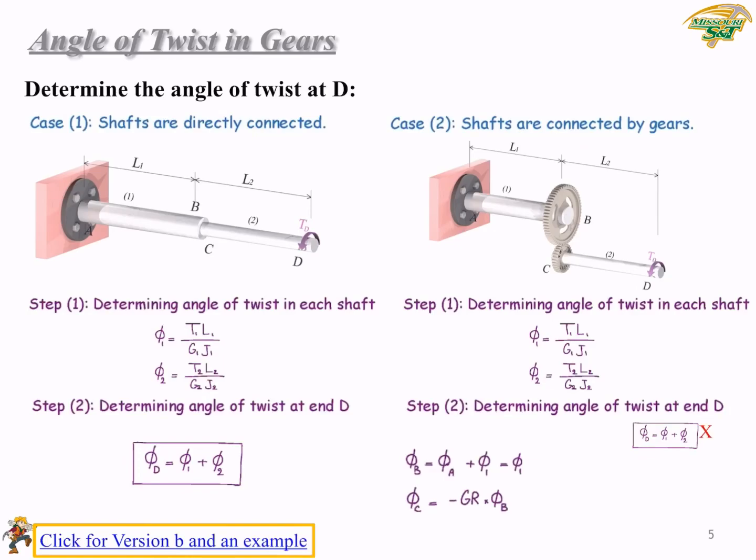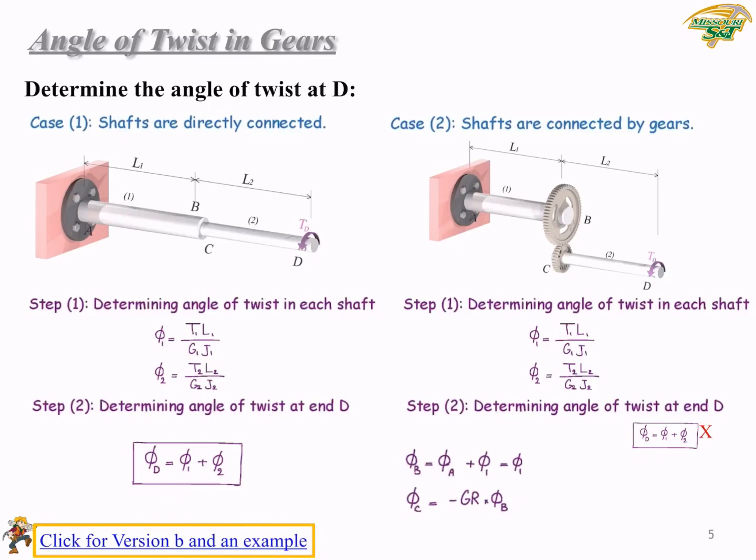Obviously, C is smaller than B. The diameter of gear C is smaller than the diameter of gear B, so the angular velocity and angle of twist should both be larger than B's.